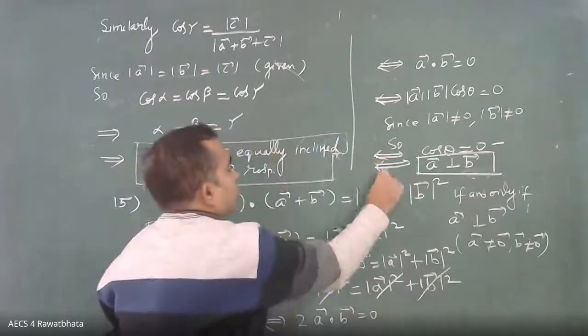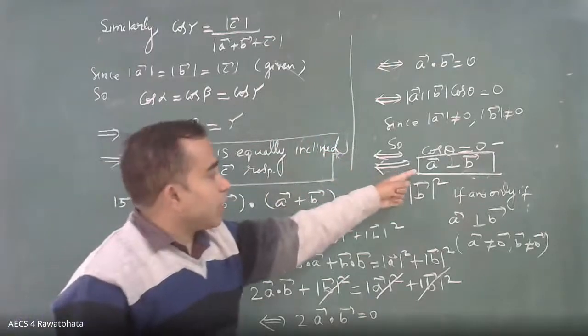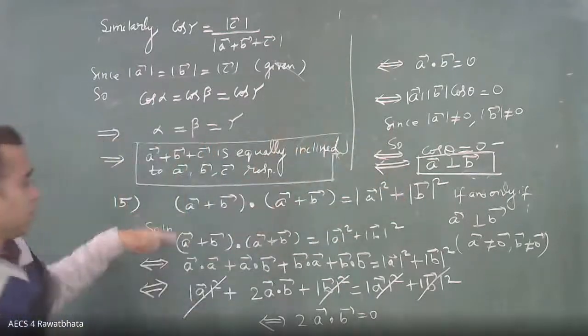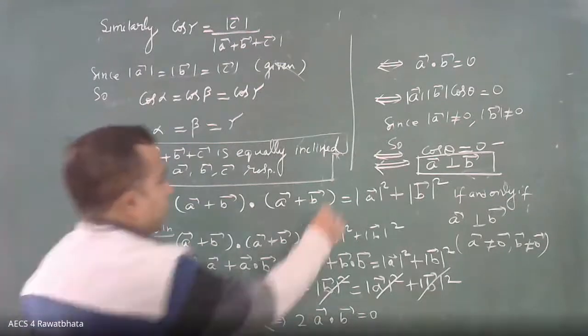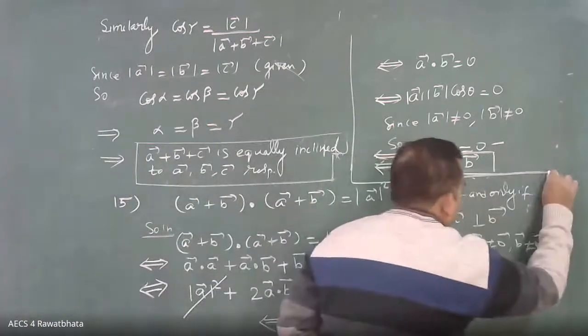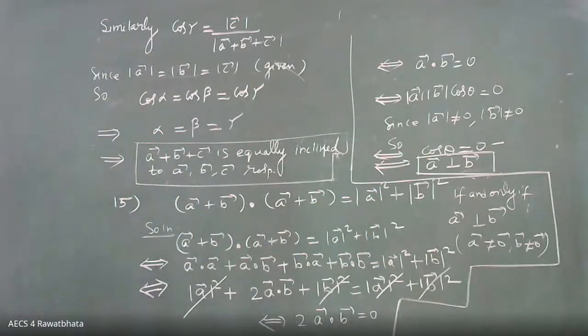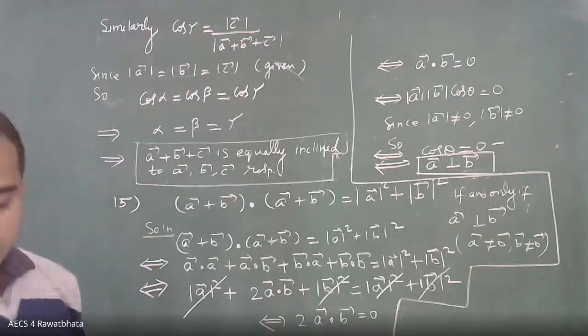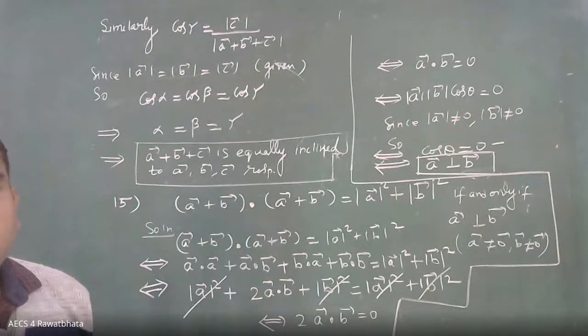Because implied by is given in every step, if you start from here you will reach here, so both ways it is proved. Understand? If any confusion is there, you can tell me. I hope it is clear to you all.